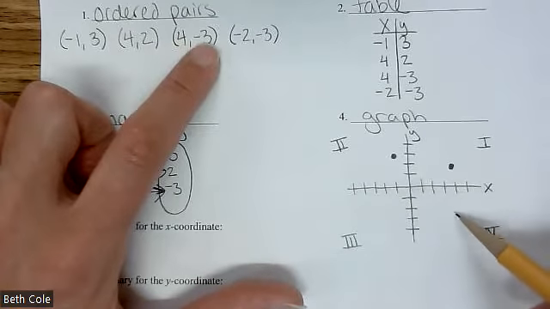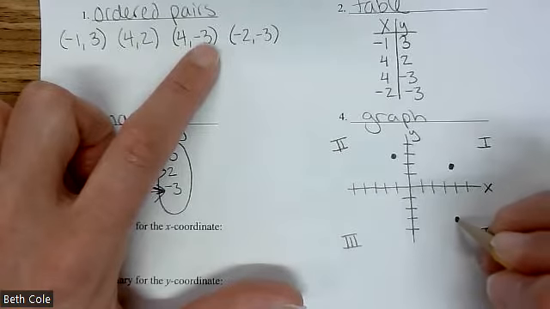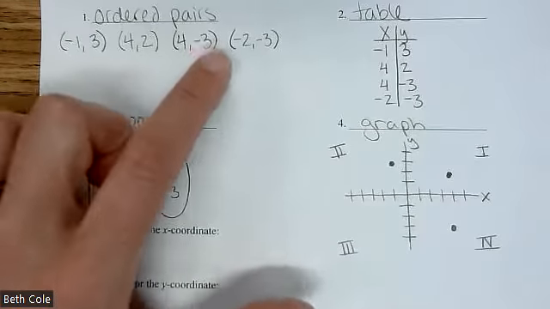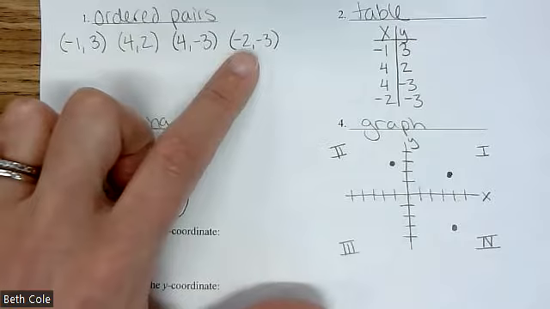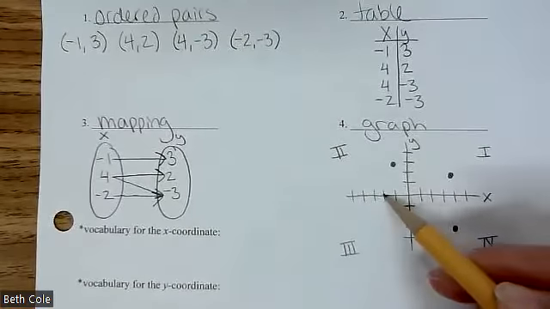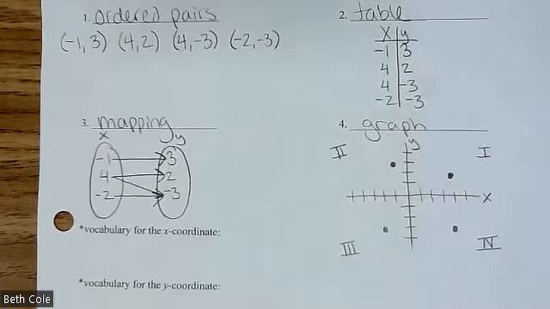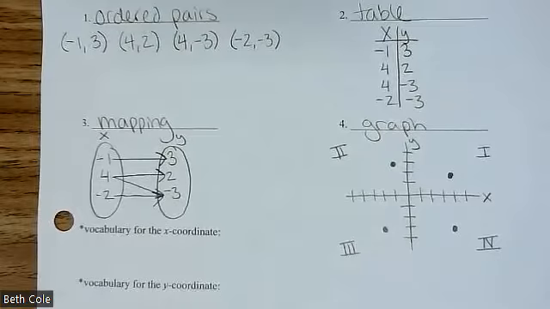You would go 4 on x and then kind of like down 3, -3 for y. So that's going to be right here. And then -2, -3 would be in the third quadrant. You go -2 on the x-axis, -3 on the y-axis. Do you connect those? No, it's just 4 random points that we plotted, just like a constellation.